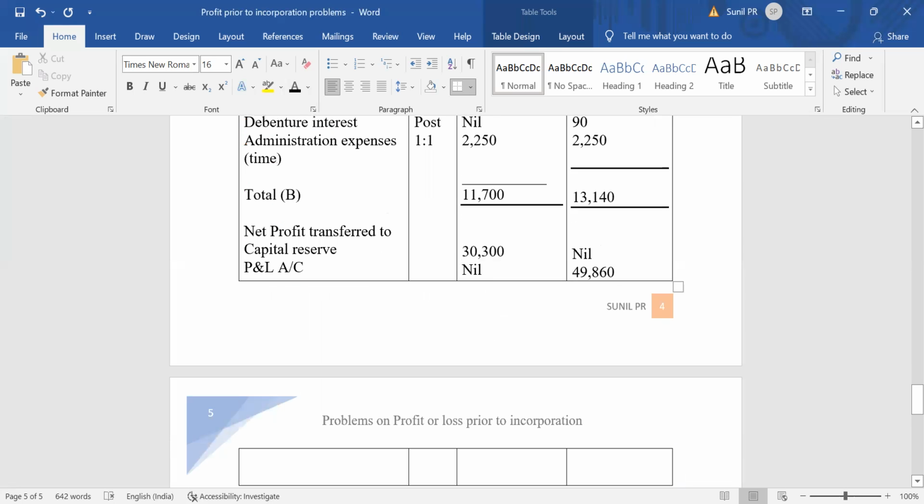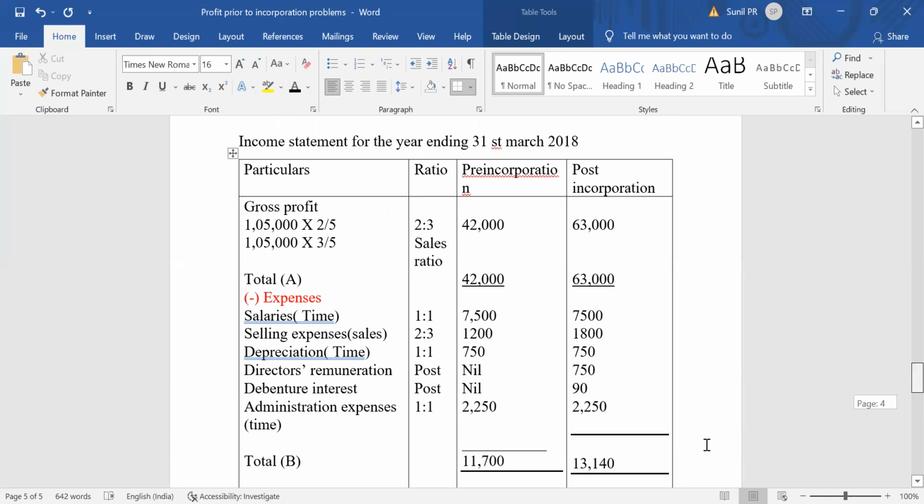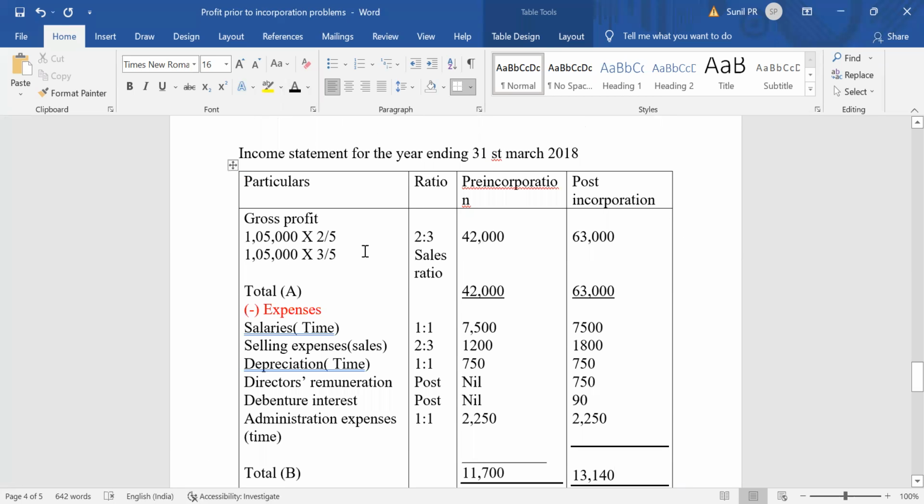Now you should write the total. Total always should be the same. So the total of the expenses is 42. When you write it in a T format, the total will be 42,000, that is, the credit and debit side. Credit side was 42,000, debit side was less, so that is why we got the profit.